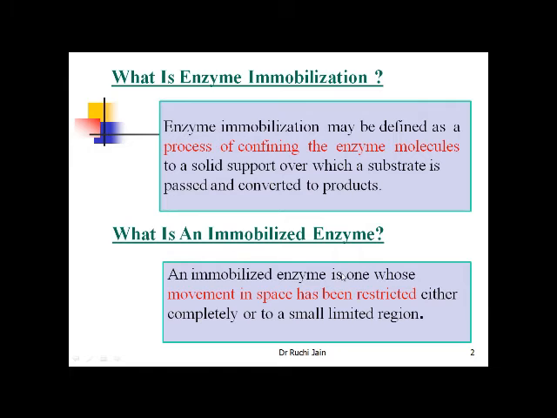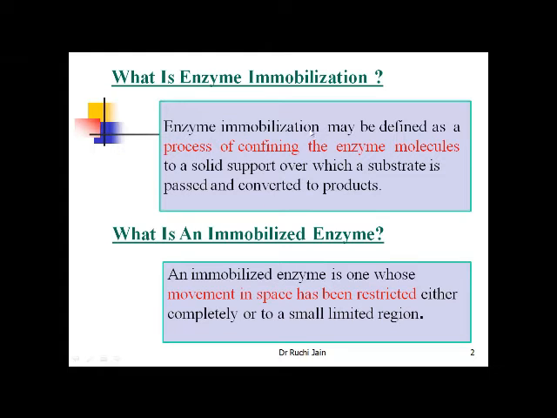An immobilized enzyme is one whose movement in space has been restricted either completely or to a small limited region. So enzyme immobilization is a technique in which we are restricting the enzyme molecule to a particular solid support. Support can be called carrier and matrix also.